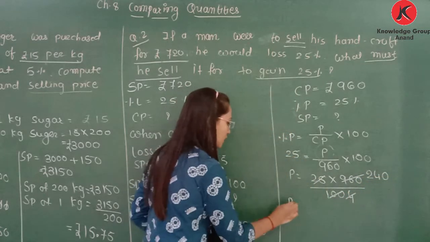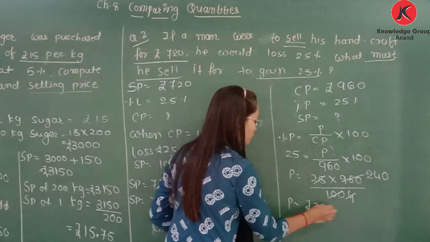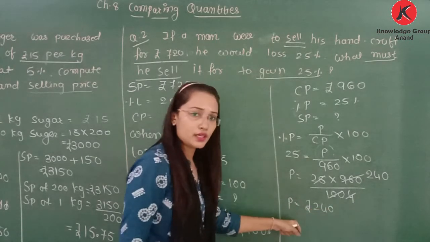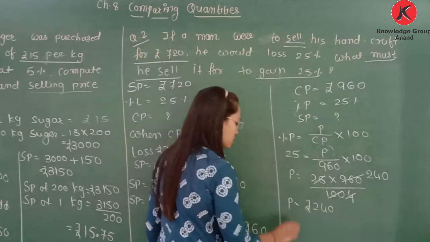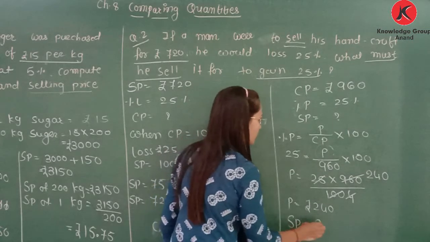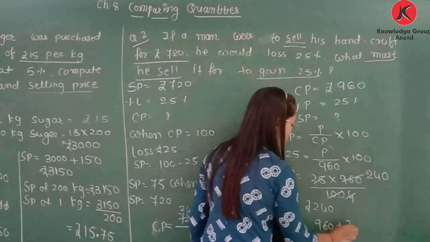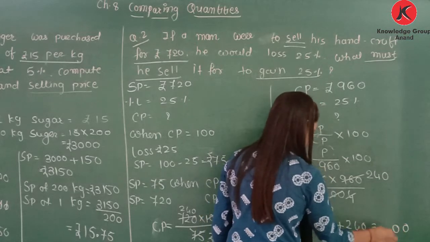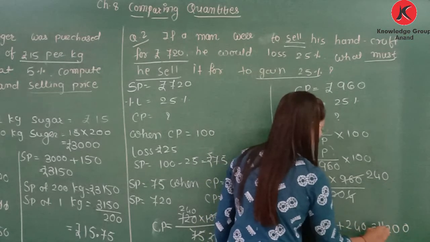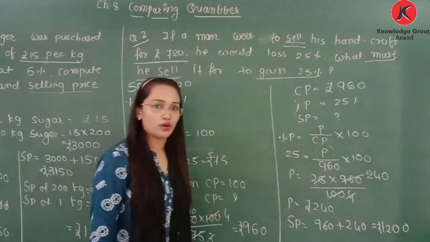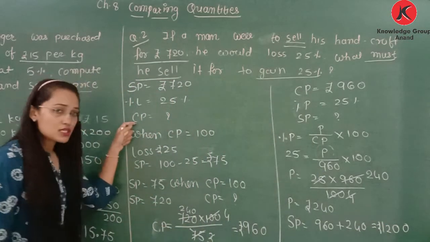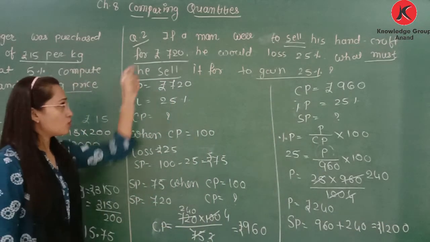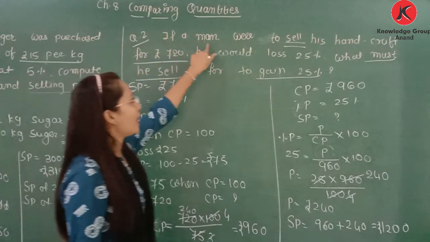That is the profit in rupees. Means he needs 240 rupees profit to get 25%. So selling price must be 960 plus 240, so that is rupees 1200.